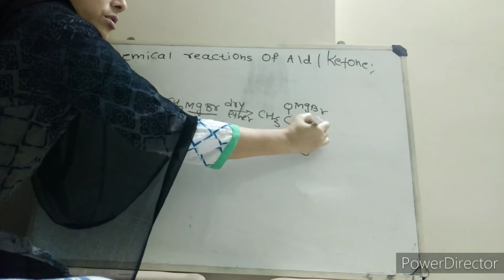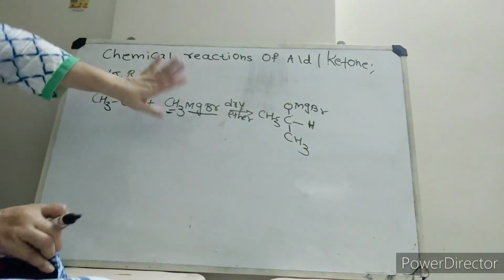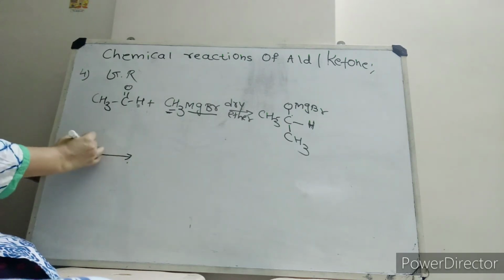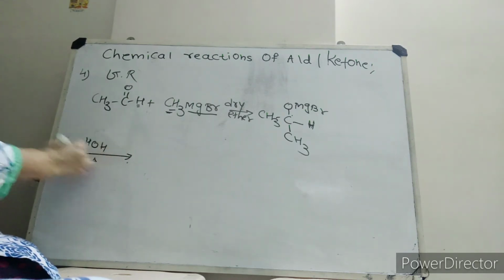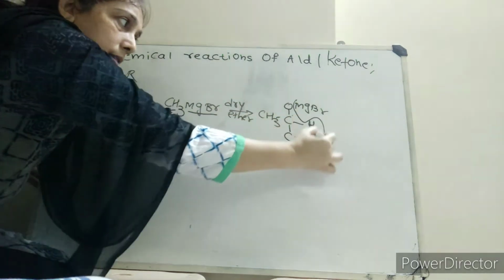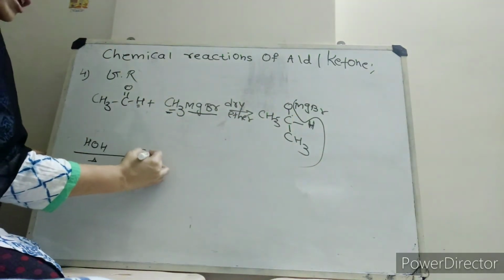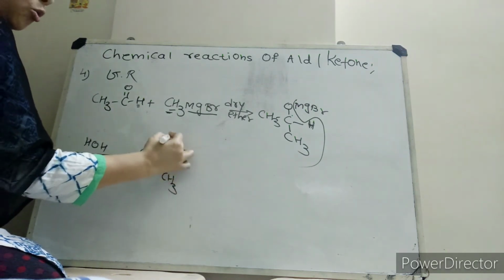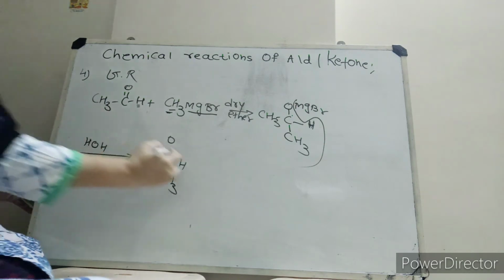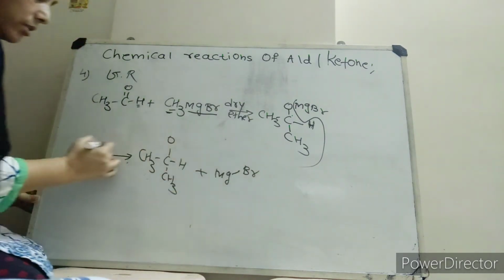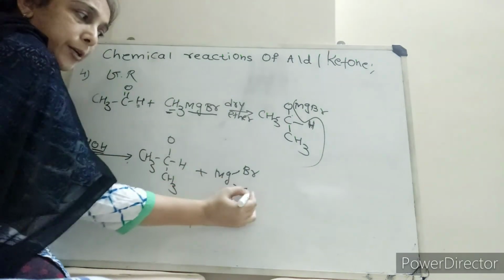So we are getting the Mg complex, which is unstable and goes on hydrolysis. So what do we get? CH3 remains as it is, CH3, CH, CH3 and O. Now Mg again is divalent, so on one side Br, on the other side OH we have to write.